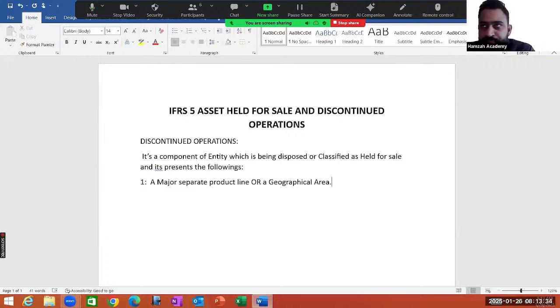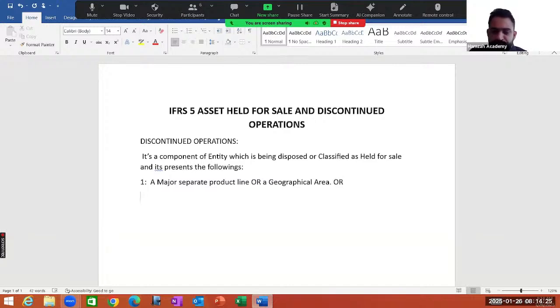For example, if a company is manufacturing three major products, and when we say major, let's say it is 10 to 15 or 20 or 30% of their sales, and they decide that now they will withdraw that product from the market, they would not sell that product anymore, or they would not supply that product in a particular geographical area, then that operation will be classified as a discontinued operation.